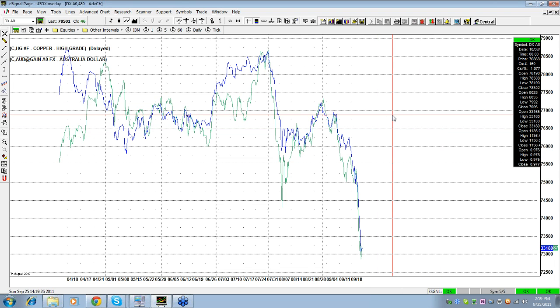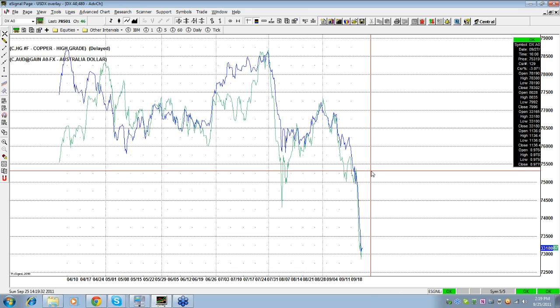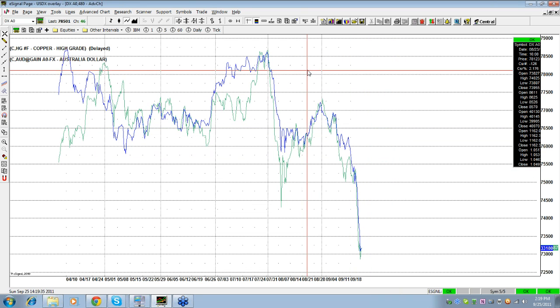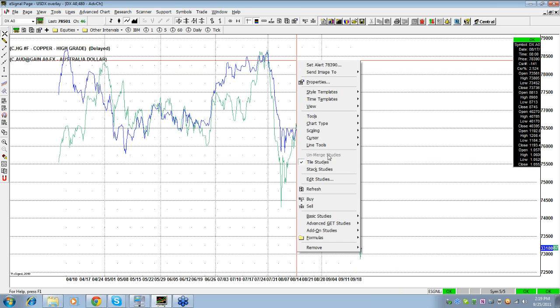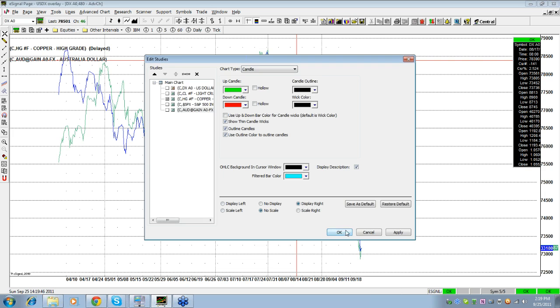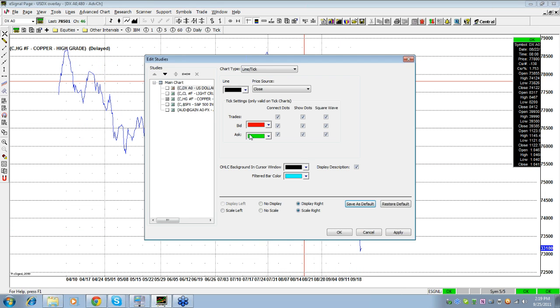What I mean is I'm trying to locate where we are in the market. We see that copper. Now we're going to go with copper, and we're going to do this. We're going to take the Aussie, and we're going to put the candles on it. Hey, one second. Because these correlation charts are good, but they're tricky.